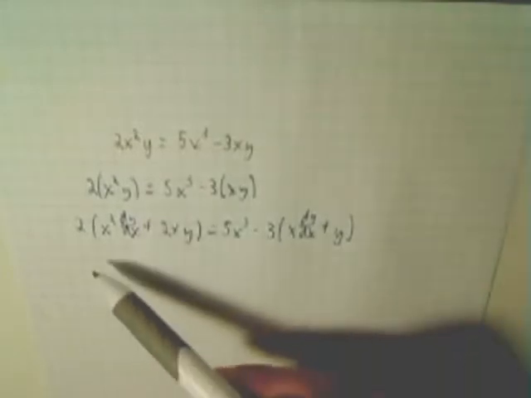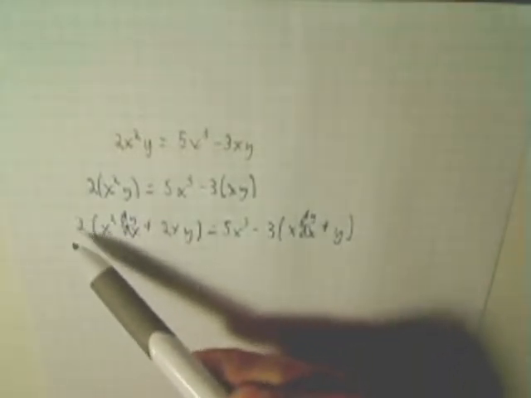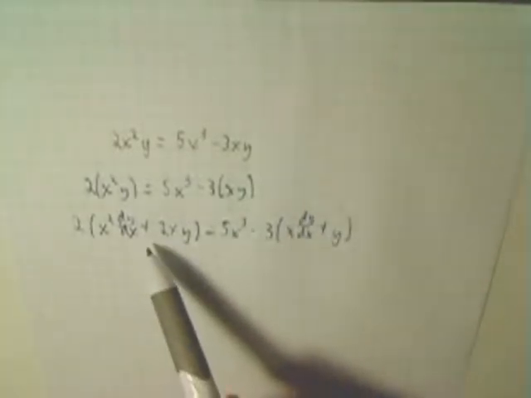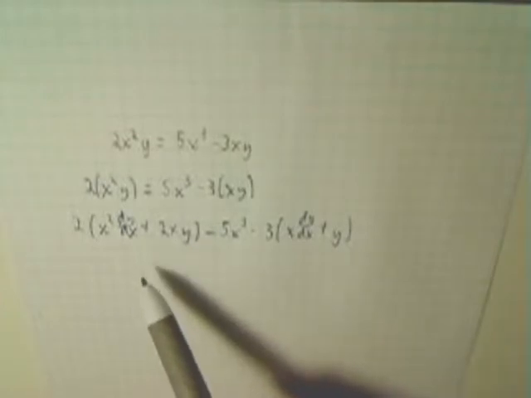Now, redistribute the coefficients, 2 and negative 3, back into the product of the product rule.